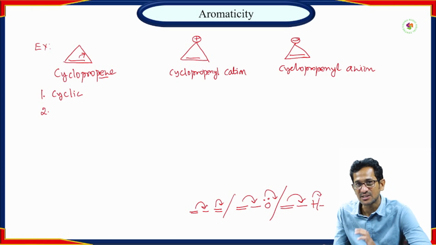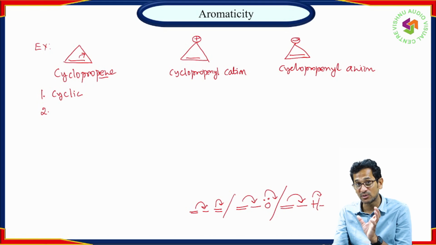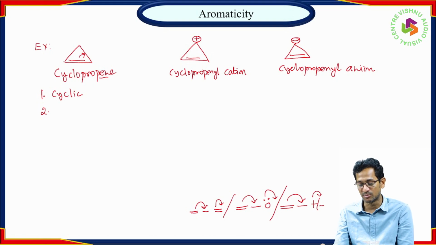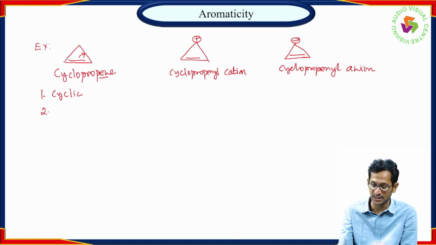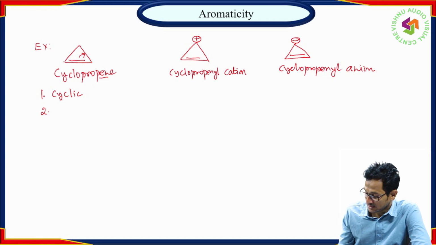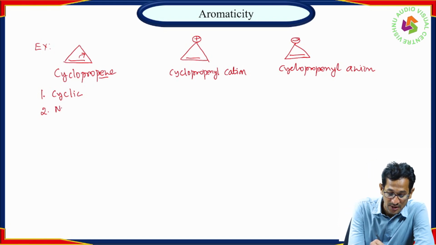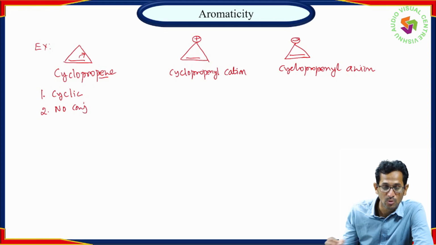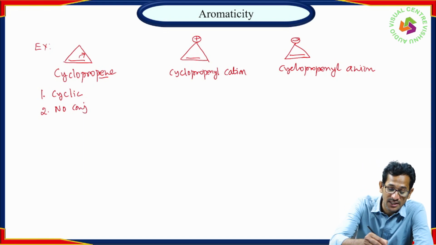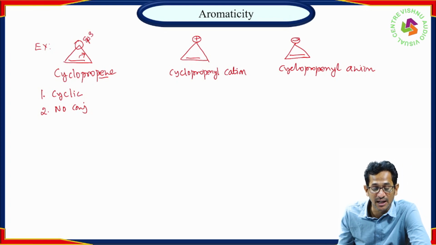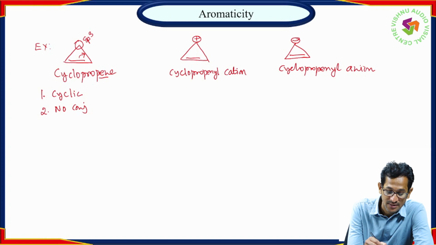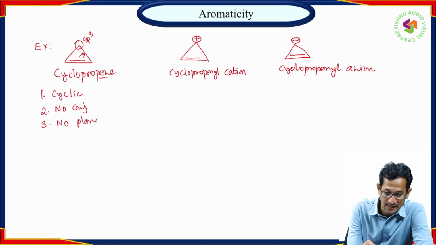These are the conditions we generally need to observe, then only delocalization is possible, right? Here such conditions are not observed in case 1, meaning no conjugation. If there is no conjugation, this particular carbon atom is sp3 hybridized.